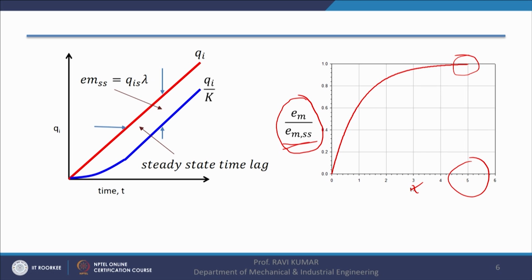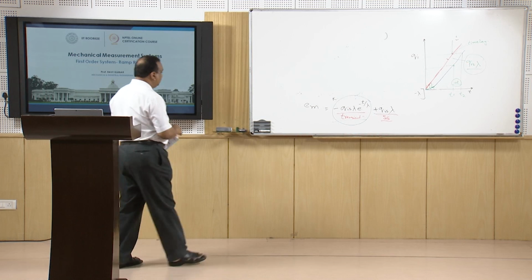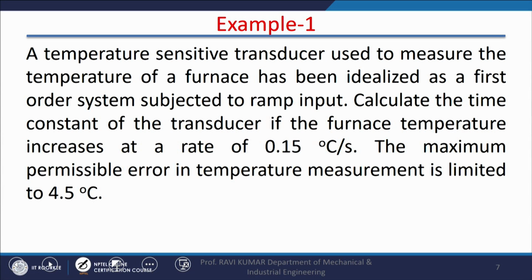Right. Now after this we can take one example. This example states that a temperature sensitive transducer is used to measure the temperature of a furnace, and it has been idealized as a first order system subject to ramp input.